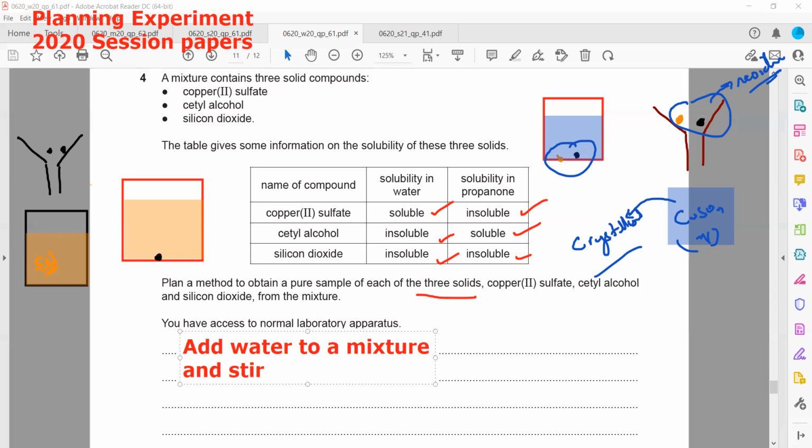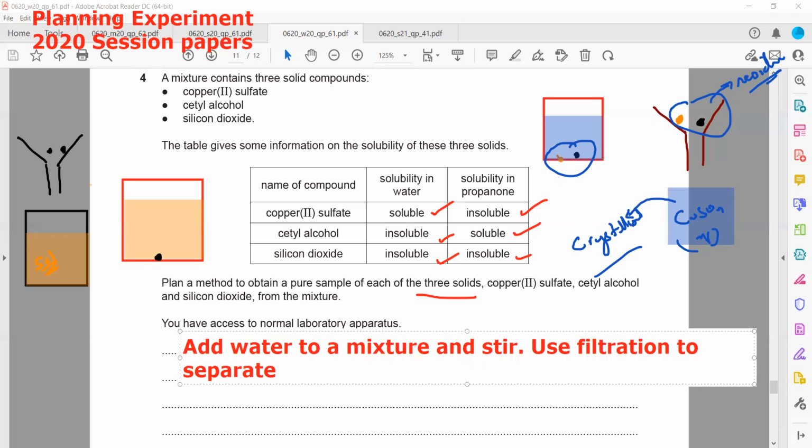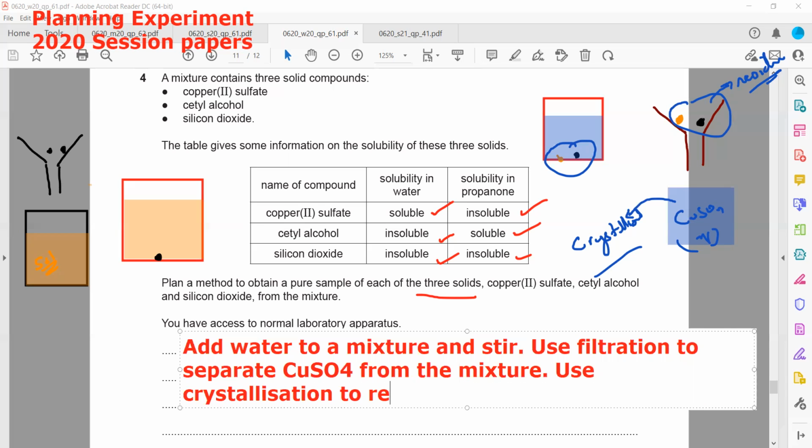Once we stir, we will use filtration to separate copper sulfate from the mixture. Then we will have aqueous copper sulfate. We will use crystallization or evaporation to remove copper sulfate, CuSO4, from solution.